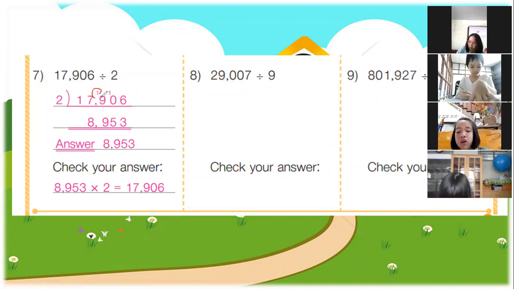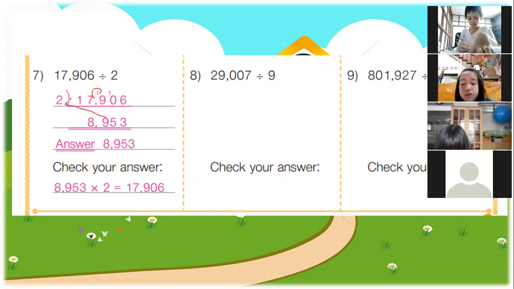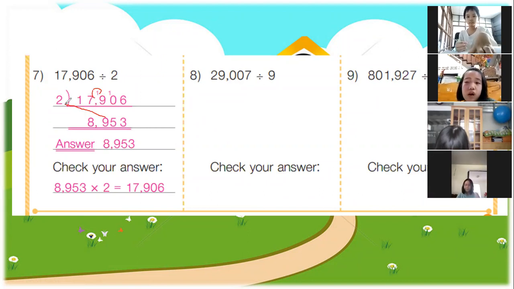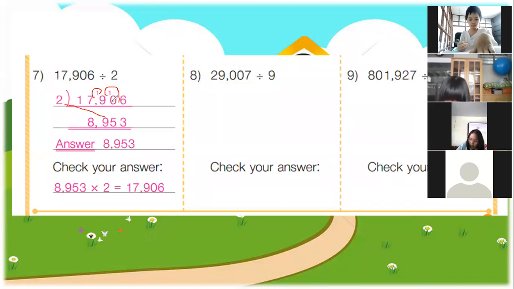So now we have a total of 1900s. Again, 2 multiplied by 9 is equal to 18. So 19 minus 18 is equal to 1. 1 will carry over at the 10 place. So now we have 10 tens at the 10 place.